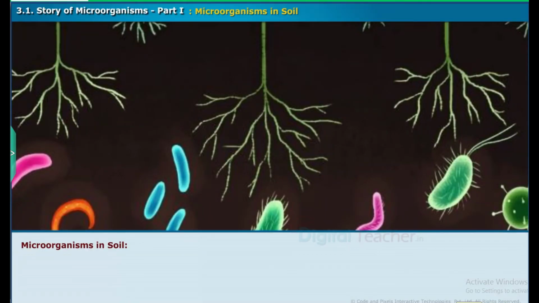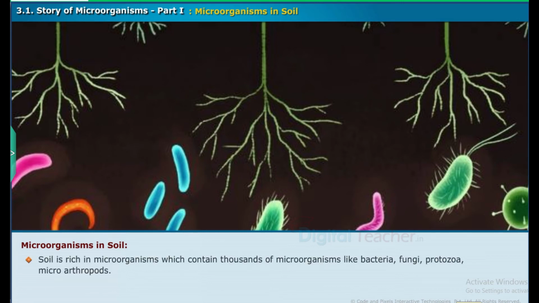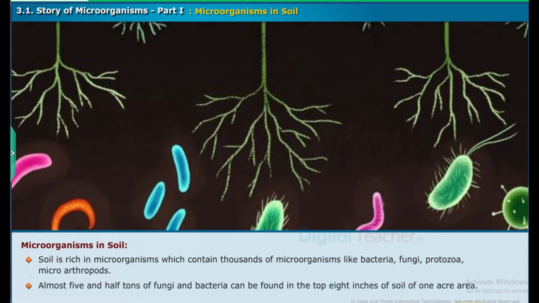Let us study about the types of microorganisms present in soil. Soil is rich in microorganisms, containing thousands of microorganisms like bacteria, fungi, protozoa, and microarthropods. Almost 5.5 tons of fungi and bacteria can be found in the top 8 inches of soil of 1 acre area.